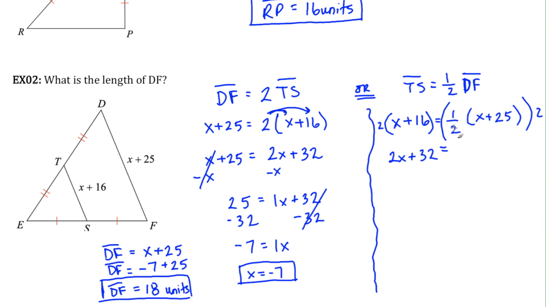And 2 times half, these would go away, and I would just end up with 1 times x plus 25. That would give me 2x plus 32 equals x plus 25, because 1 times x is x, 1 times 25 is 25.